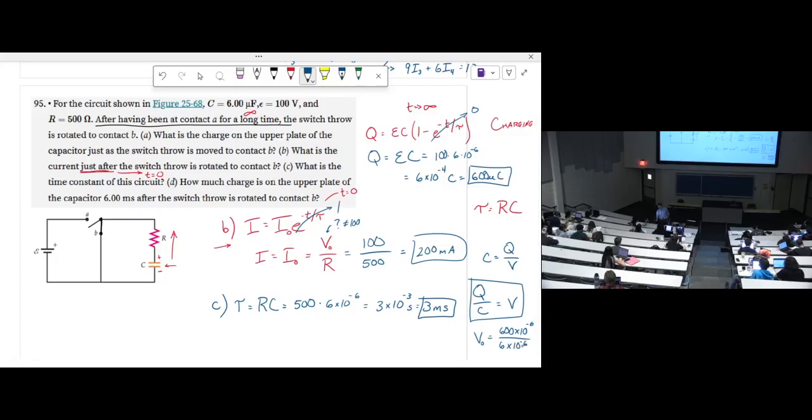Well, that's 100, right? So that's the 100 volts that I used there in part B, right here. Good.